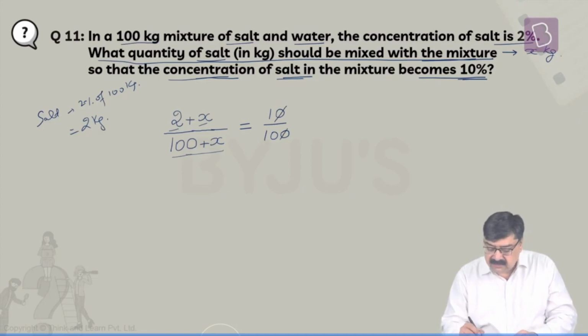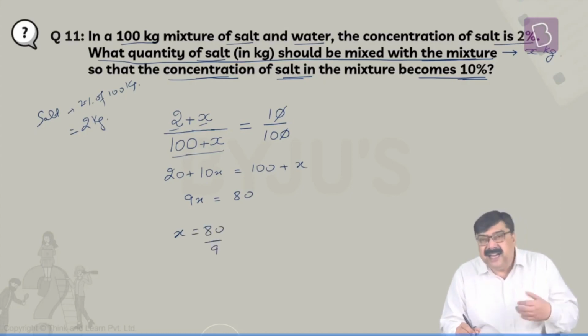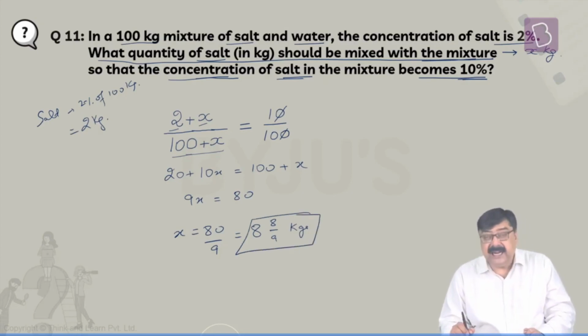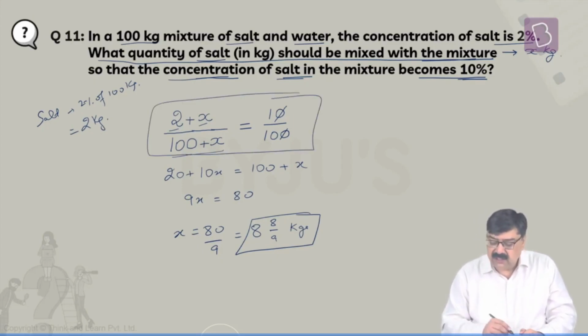So zeros cancel, no big deal. 20 plus 10x equals 100 plus x. So 9x equals 80, or x is 80 by 9, nearly 9 kgs, but not exactly. So it is 8 by 9 kg, the value of x. That is, if you add 8 by 9 kg of salt to this mixture, then the concentration of salt will rise from 2% to 10%. So that's all that we needed to do. We just needed to find out or form this equation.